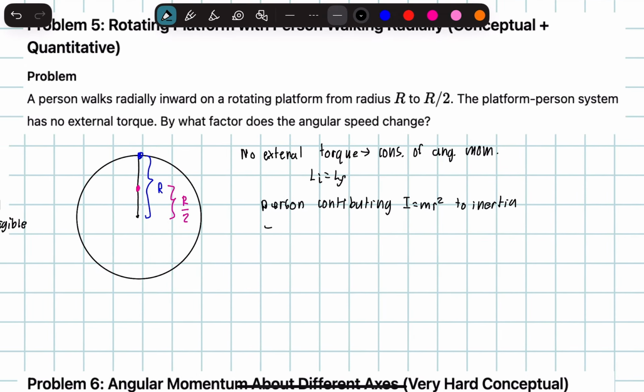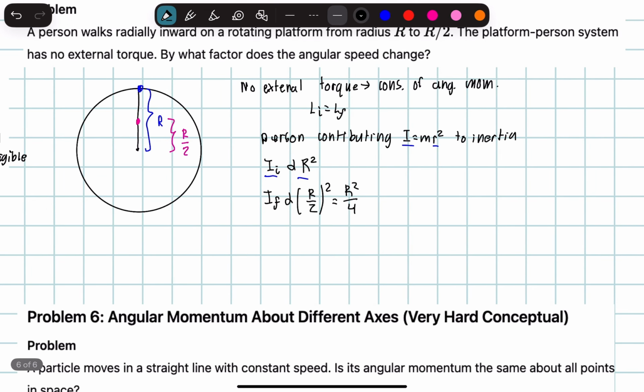So we know that I initial is going to be proportional to the radius squared, and I final is going to be proportional to r over 2 squared, which is just r squared divided by 4. Initially, it's at radius r, and finally it's at r over 2.